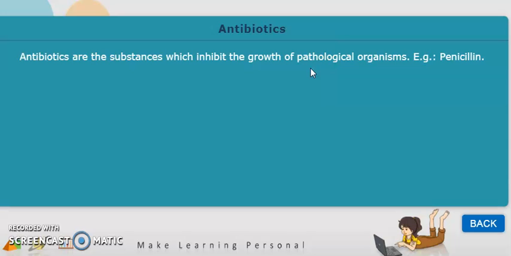All these are the common groups of organisms that cause disease, so those organisms are termed as pathological organisms. An example of an antibiotic is penicillin. It's a substance which inhibits, meaning stops, the growth of pathological organisms.